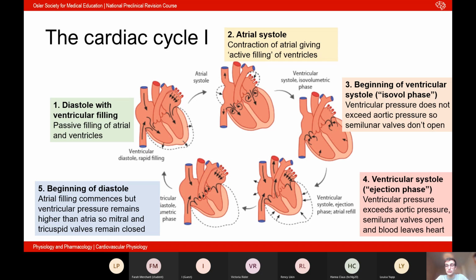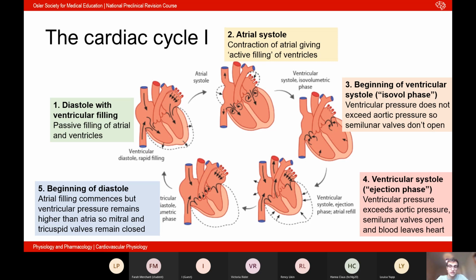We then have two phases of ventricular systole. This is new for undergraduate level compared to A level, but here we go, we can cope. In the initial stages of ventricular contraction, the pressure within that ventricle increases and the atrioventricular valves are closed because the pressure in the ventricles is now higher than that in the atria.